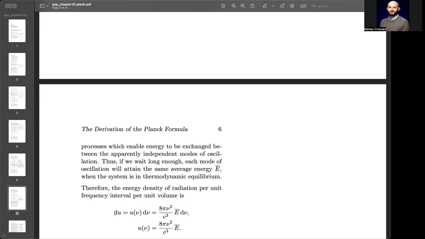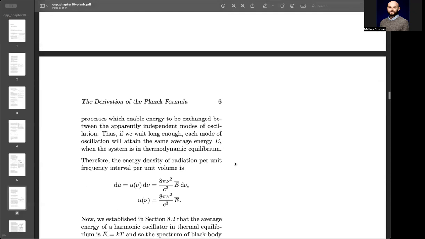Because all I have to do is take the energy density, which is du, and really what this means is that if I have the average energy and I multiply it by the number of states, not the average number of states, then I'll get the total energy because I can just integrate that.